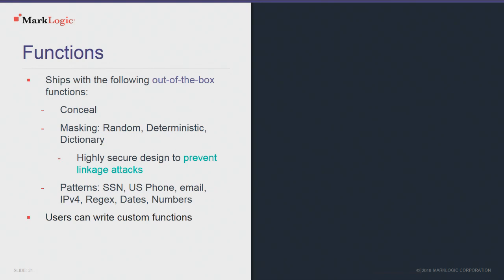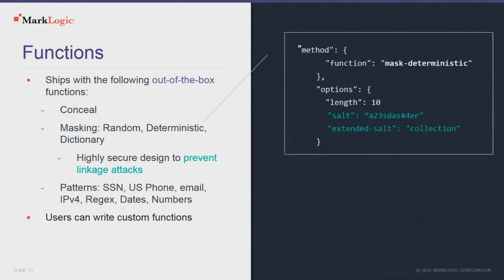We spend a lot of time to ensure this is very secure when you use deterministic. And let's say I'm masking something deterministic, and we have all those capabilities about salting. MarkLogic is a fantastic database to integrate data. In fact, MarkLogic is a fantastic database to do a linkage attack.